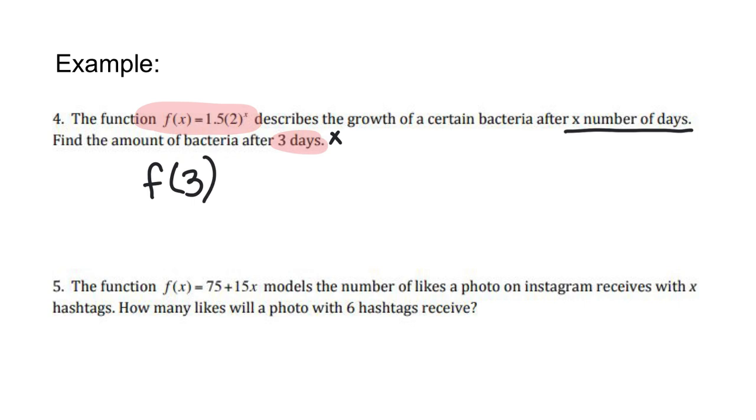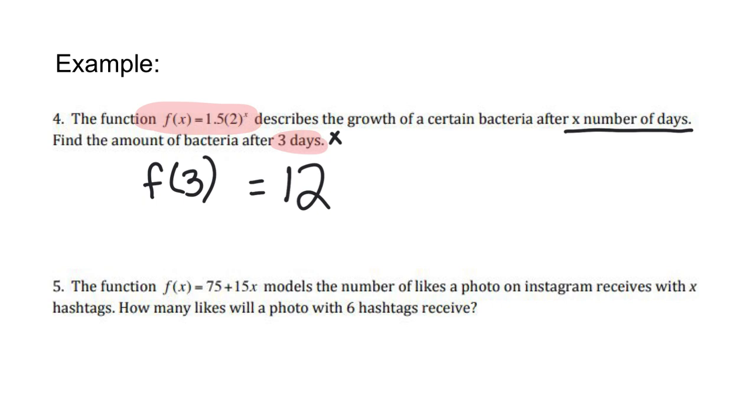And then you can do that in Desmos. You could also just substitute a 3 in for x up there and solve that. Either way is going to get you the same answer. And so if you evaluate this function at f of 3, you end up with 12. So there would be 12 bacteria in this after 3 days.